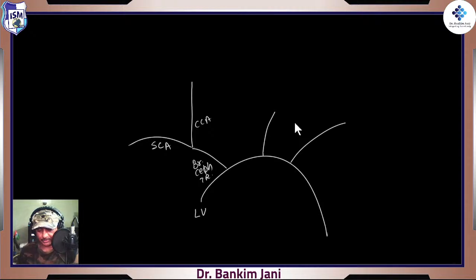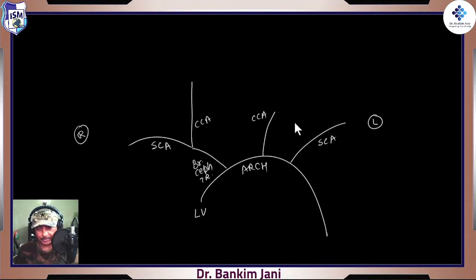Over here, the common carotid artery will go by itself, meaning it is a straight branch from the arch. This is the arch of aorta, and over here it is the subclavian artery. So this is what is there for left and this is what is there for right. But that's it, this is the only difference, because from this point onwards things are the same. Okay, so we change color.